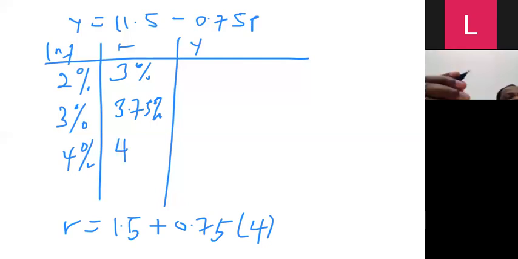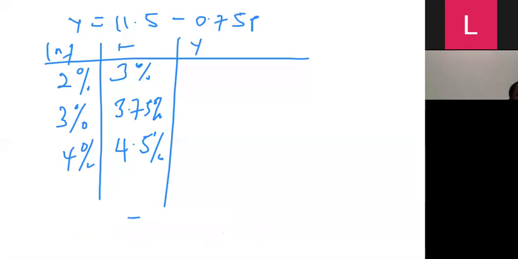Great. Now the next one is to look for our aggregate output. This is Y. We derived our Y function as Y equals 11.5 minus 0.75P. So when inflation is 2%, I'm going to have 11.5 minus 0.75 times 2, and that gives me 10.